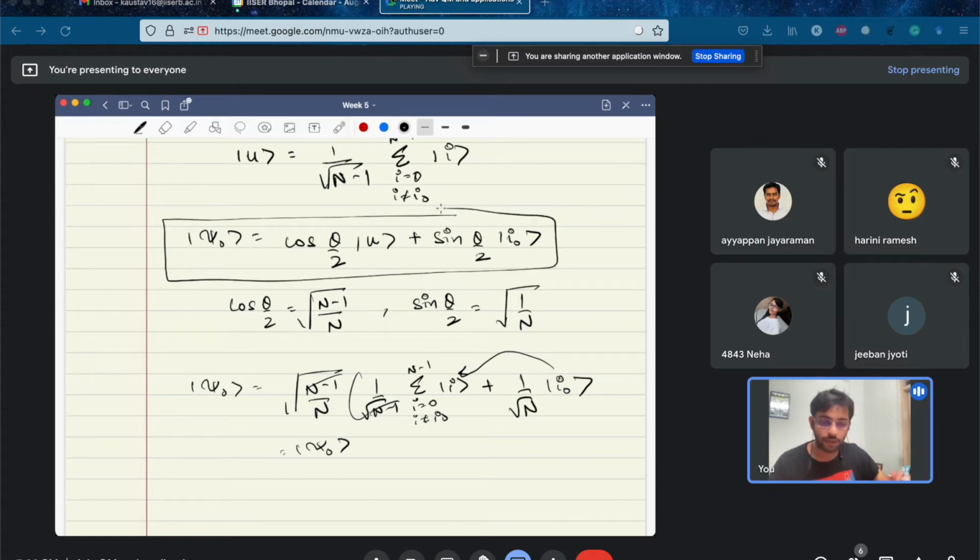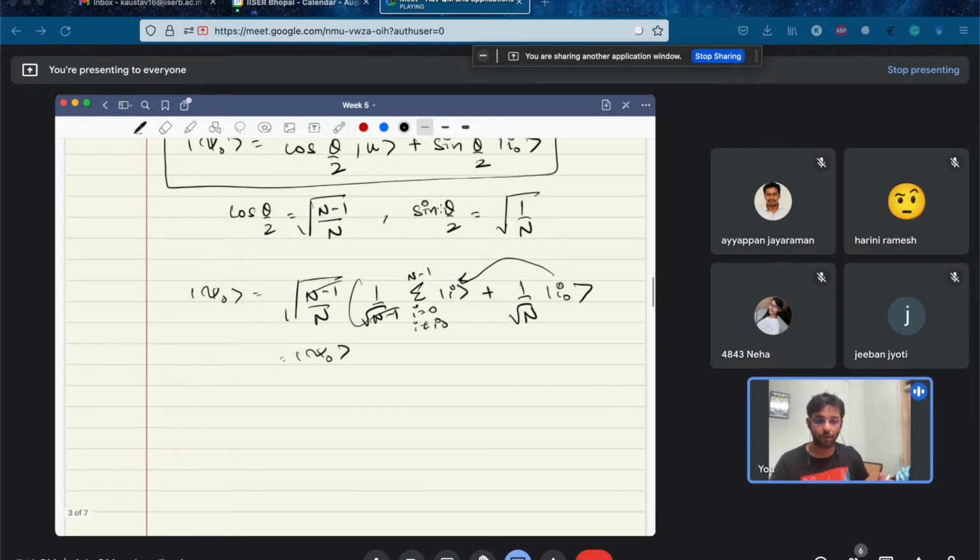Now there are certain operations that you have to consider. There are basically two unitary operations that you will have to apply. So let's do the first one.